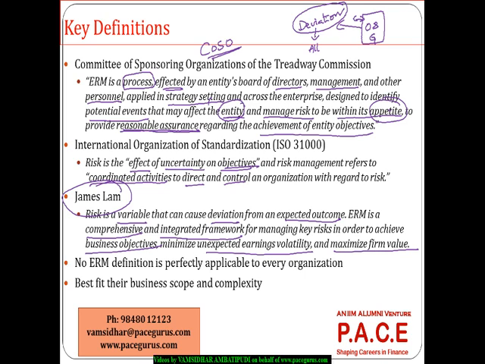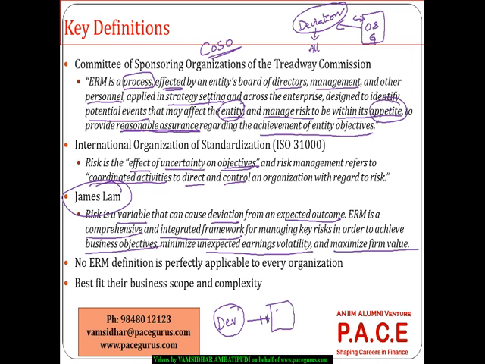He is talking about the real core business objectives. Now I have an objective. Any deviation from the objective, that is what I am calling as risk. And when I am talking about ERM, come out with a set of processes, come out with a framework across the organization in such a way that my business objectives are not deviated too much.